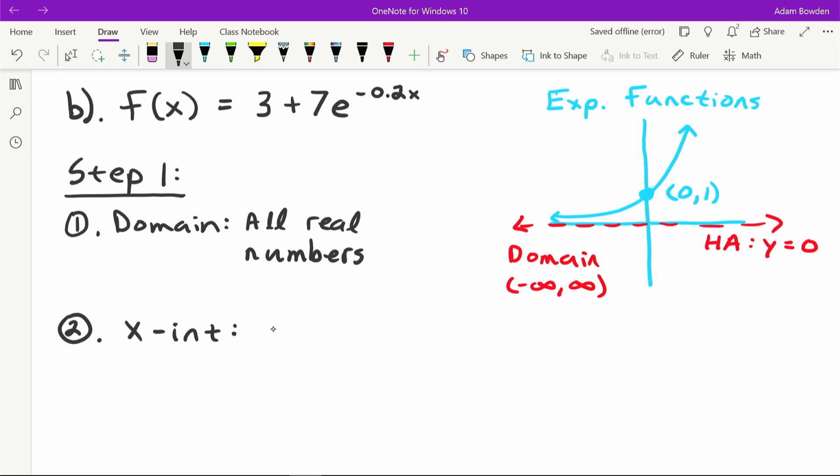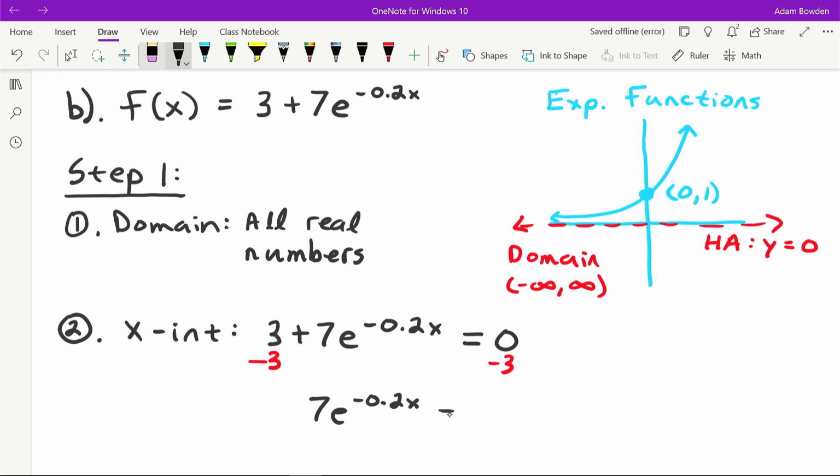And if we were to do the normal process of setting the function equal to 0 and solving, it would look something like this. We would have to try to solve for x. I would, in this case, subtract the 3 over and write it as 7e raised to the negative 0.2x is equal to negative 3. And then I would divide out the 7 to both sides.